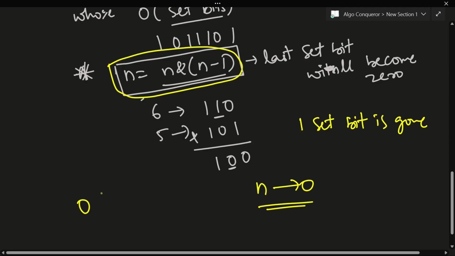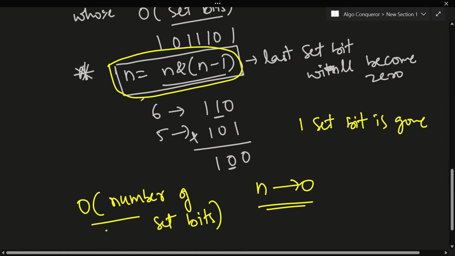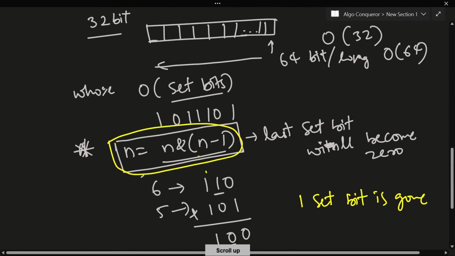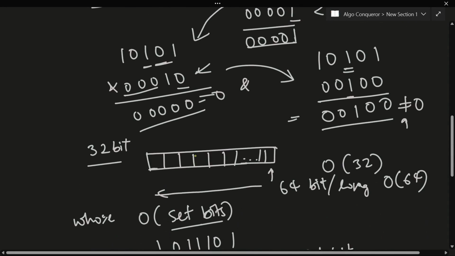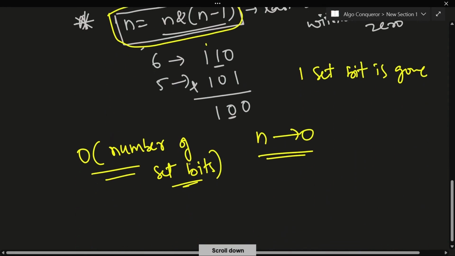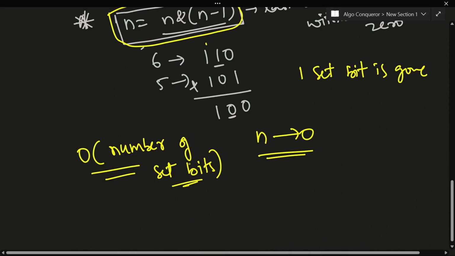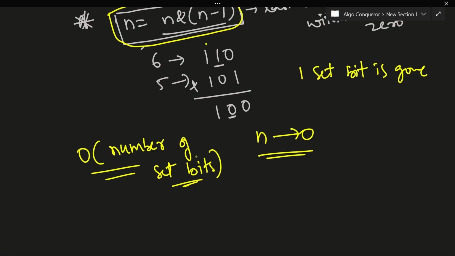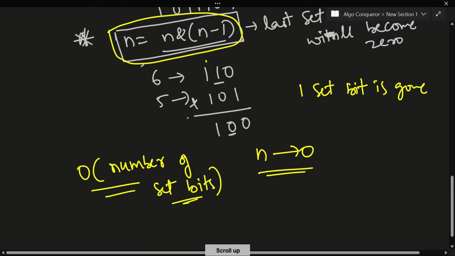So the time complexity of this is number of set bits. This is better compared to the previous approach, in which we had to go through all the bits. But in this approach, we just are eliminating each one a single time. So until we get exhausted of all ones, we'll repeat the process. We'll do this operation.